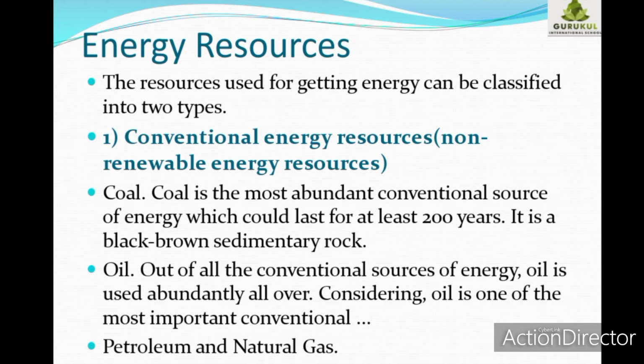Human beings have been using all these for a long time. As these resources are not renewable, and it takes a lot of time to create them, they are going to finish at a certain time if we do not use them wisely. That is why conventional energy resources should be used wisely.